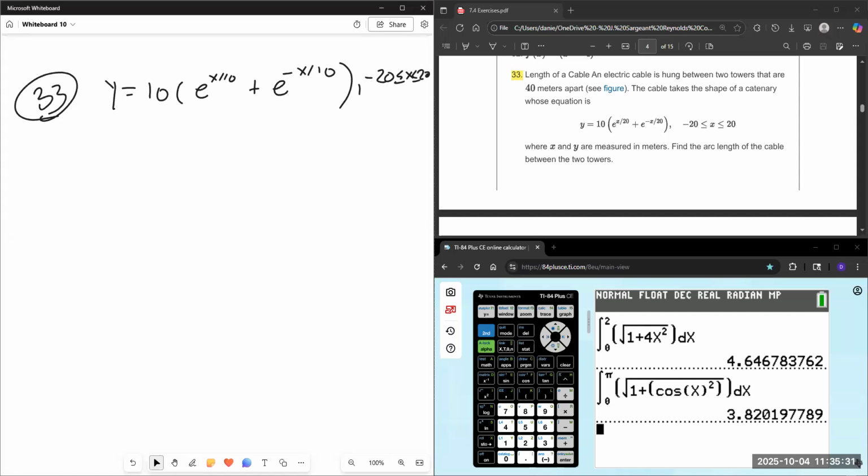This is based off of a function that we talked about a little bit in chapter 5. You may not be familiar with it, so I'm going to refresh you here.